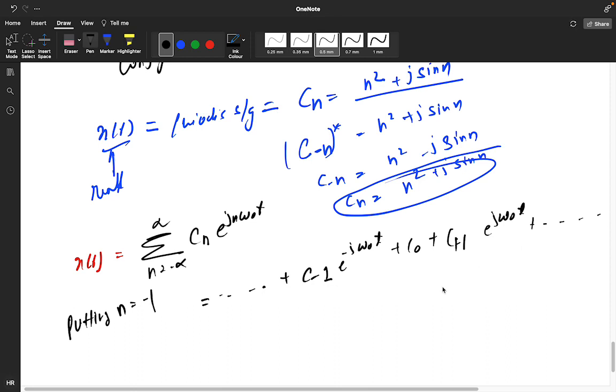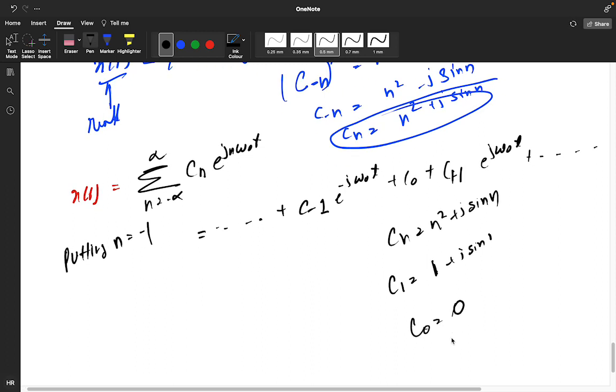Okay, and suppose your c n value, as in the earlier question they had given, is n square plus j sine n. They have given like this. So c1 is coming how much? 1 plus j sine 1. c0 is coming 0. c of minus 1 is coming as 1 minus j sine 1.